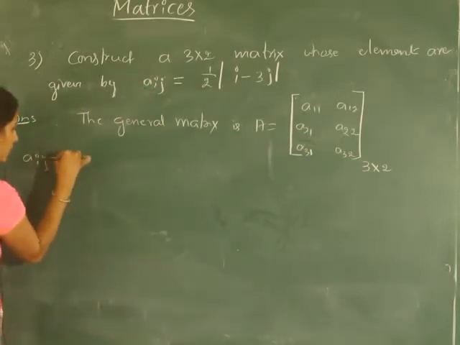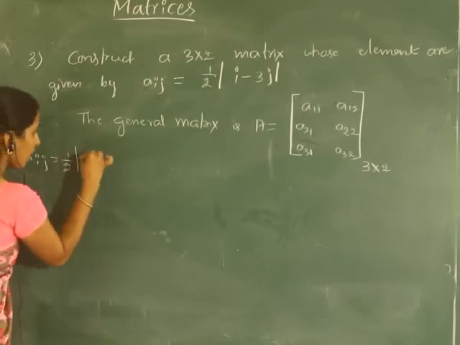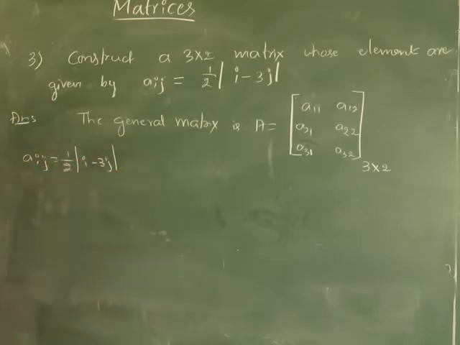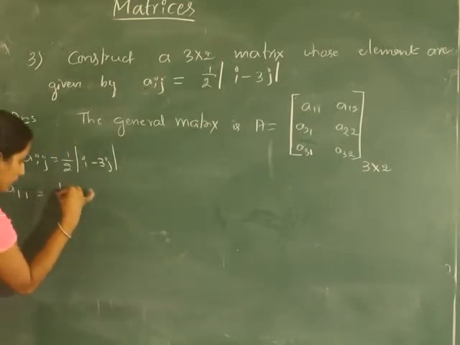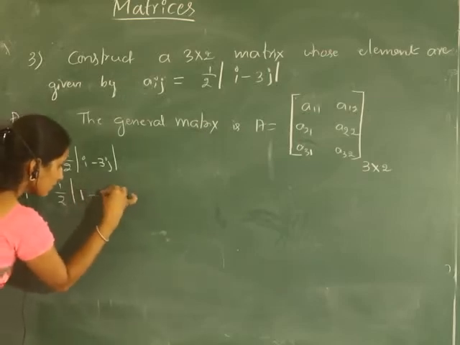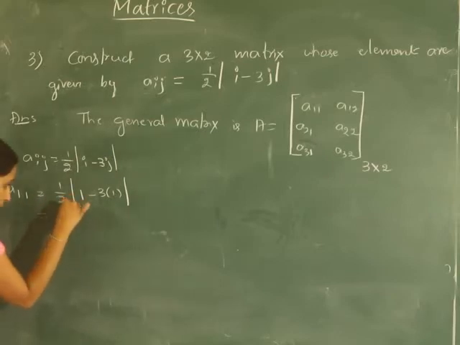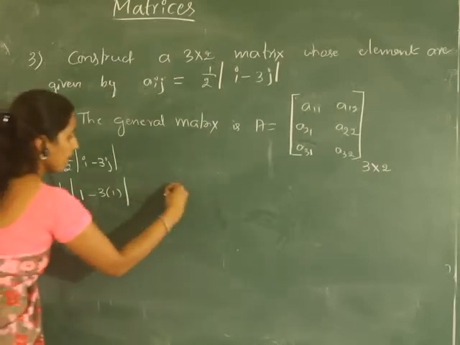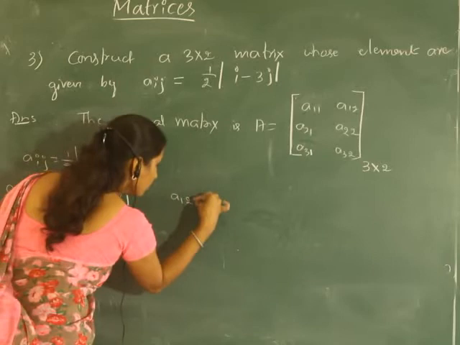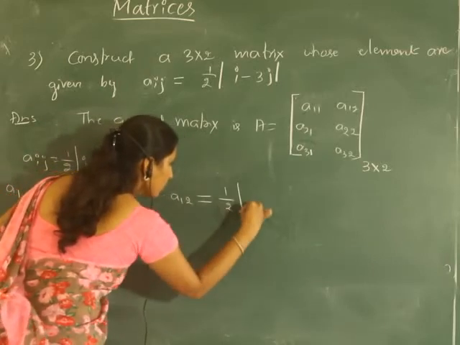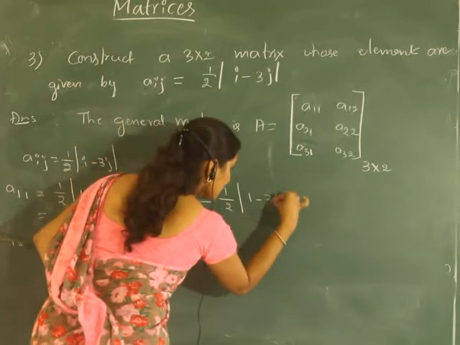aij is given as half into modulus of i minus 3j. So a11 will be half into modulus of 1 minus 3 into 1. 1 minus 3 is minus 2, the modulus is plus 2, so it will be 1. a12 will be half into modulus of 1 minus 3 into 2.